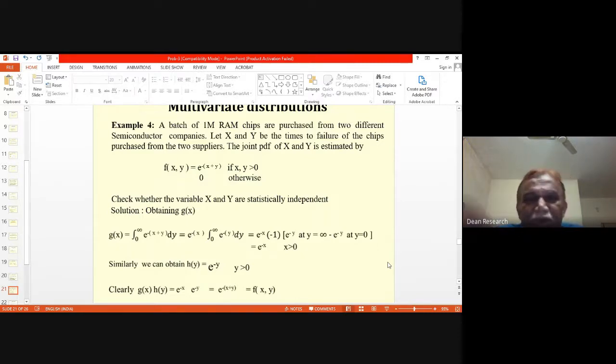A batch of 1 million bytes RAM chips, 1M means 1 million bytes RAM chips, are purchased from 2 different semiconductor companies. Let x and y be the times to failure of the chips purchased from 2 suppliers.